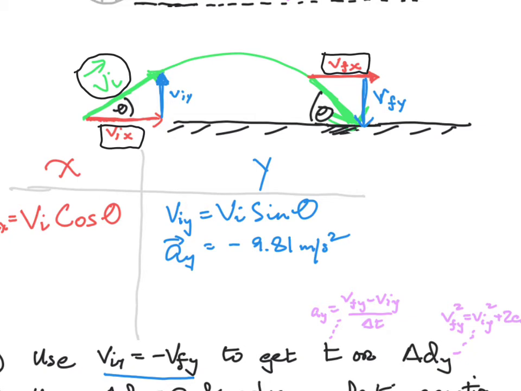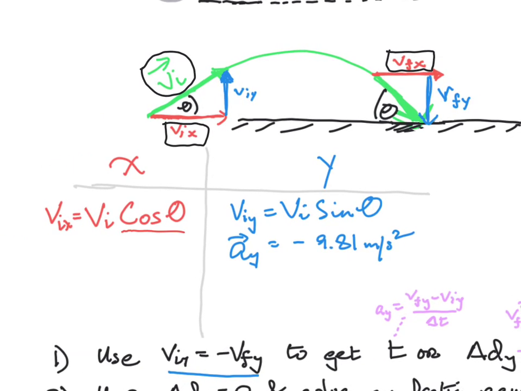And we can use trigonometry to break this Vi into its x and y components. On the x side, we can see quite clearly that Vix is equal to Vi cos theta, just using that triangle at the beginning.